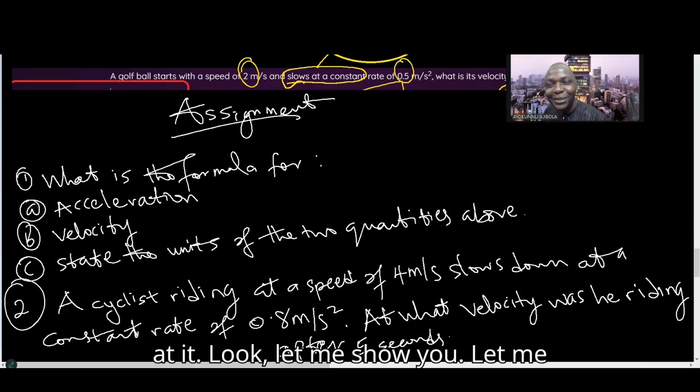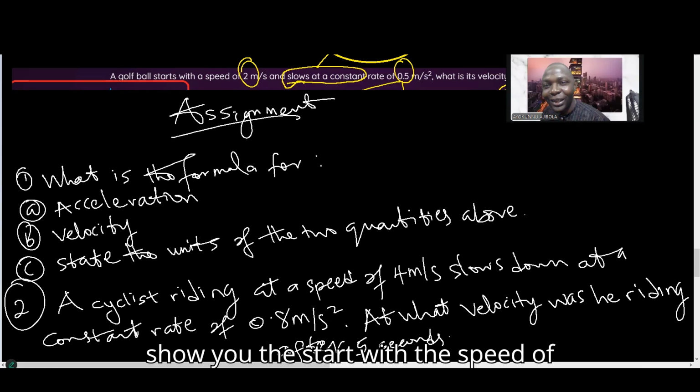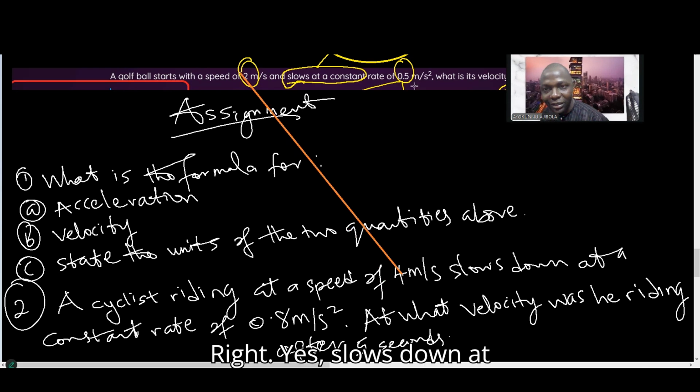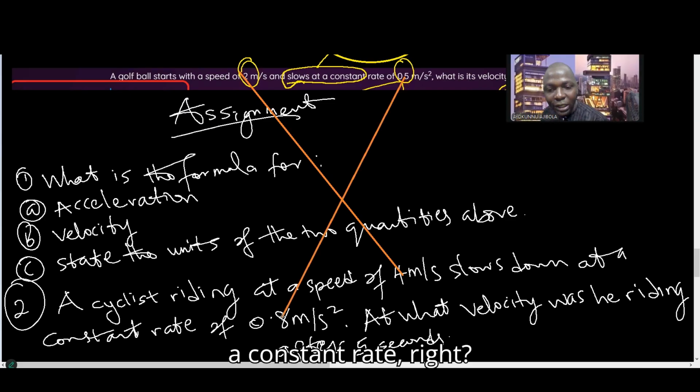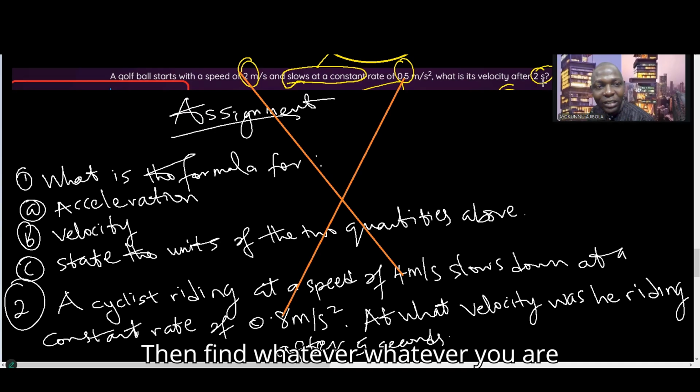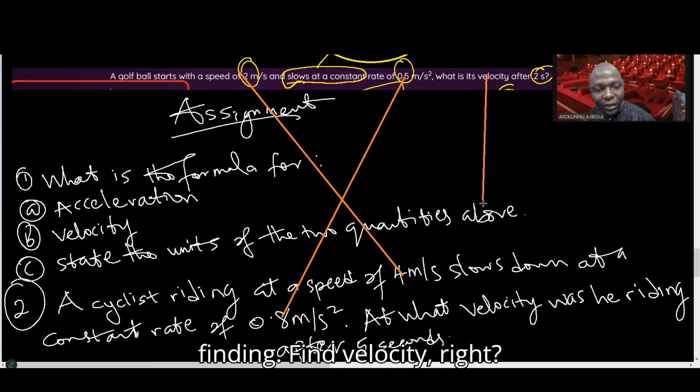Look, let me show you. It starts with the speed of this, right? Slows down at a constant rate of this, right? Then find whatever you are finding. Find velocity, right?